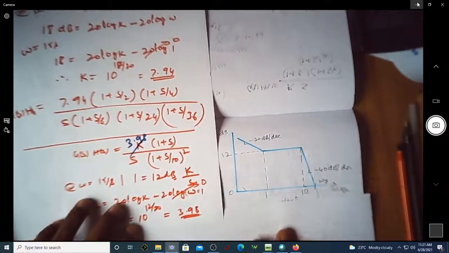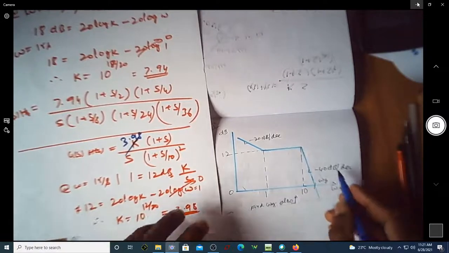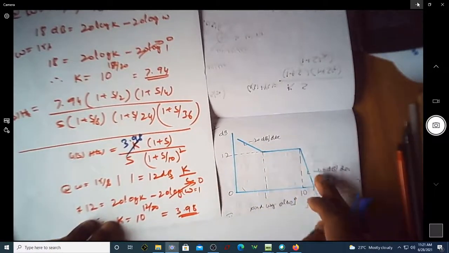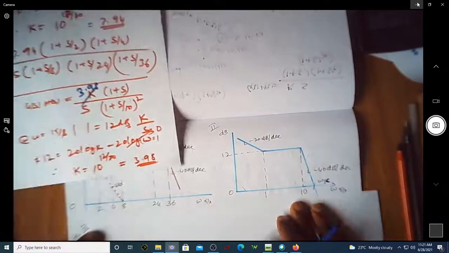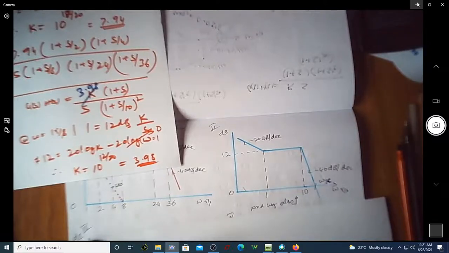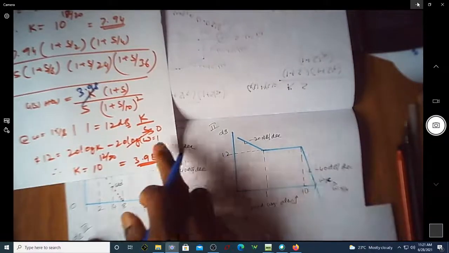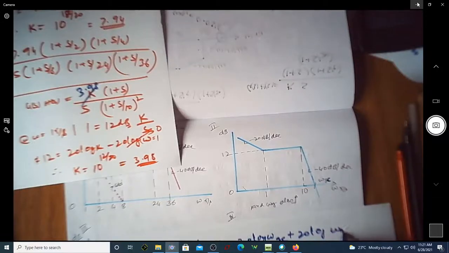So this is straightforward, and we are asked to find the value of omega gc, the gain crossover frequency. One way is to use the terms that are contributing at this omega gc. At omega gc all the terms are contributing. I can say 0 dB is equal to 20 log k, which is 3.98, minus 20 log omega gc, plus 20 log omega gc.